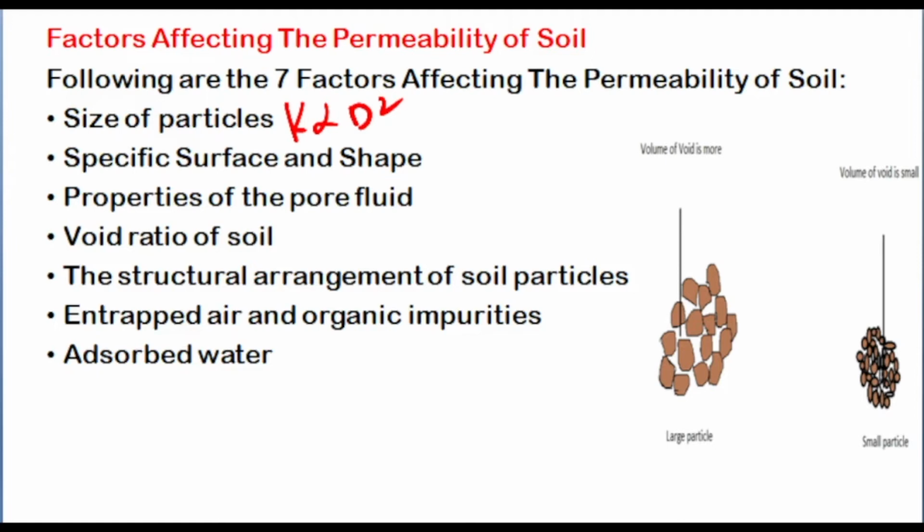The angular particles basically have less permeability. This is again related to specific surface, because the specific surface of angular particles is more when compared to the rounded particles. Therefore, rounded particles have more permeability, angular particles have less permeability.